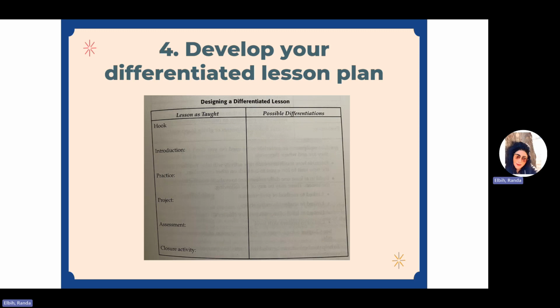After gathering all of this information and knowing your content and knowing your students, you're going to develop your differentiated lesson plan. And here are the different parts of the lesson plan.